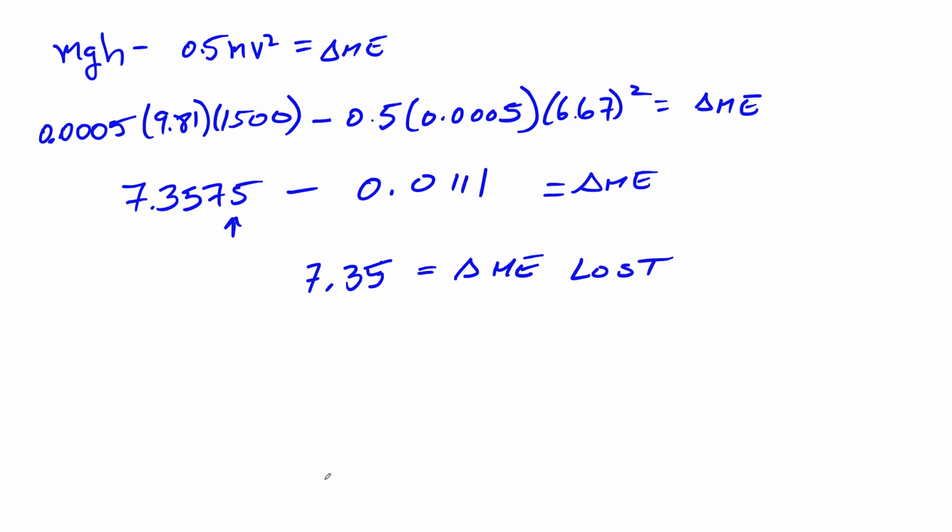That's a lot of potential energy lost due to air resistance. If we didn't lose this energy, that rain would be very, very hard. And again, the unit on this is joules.